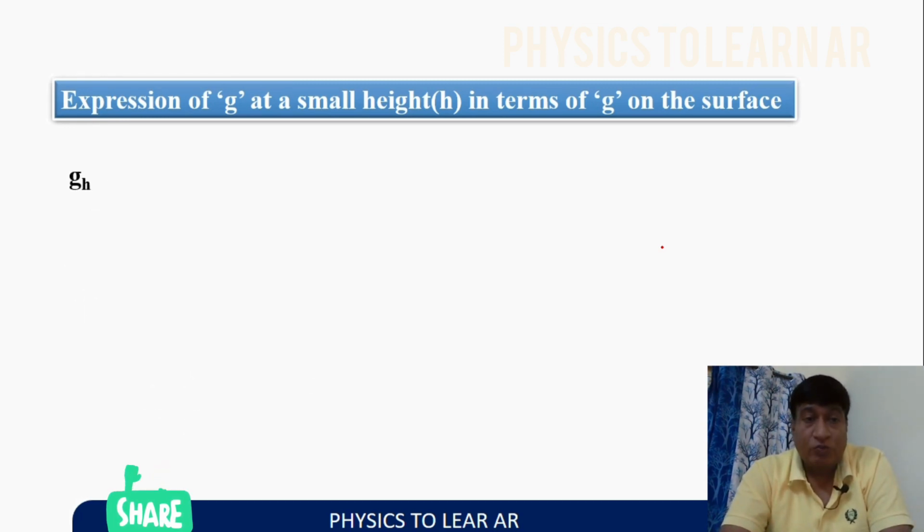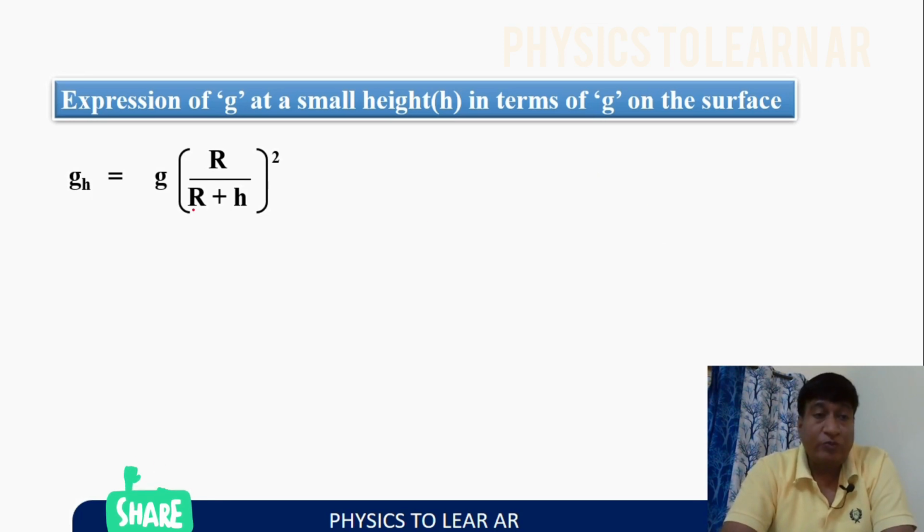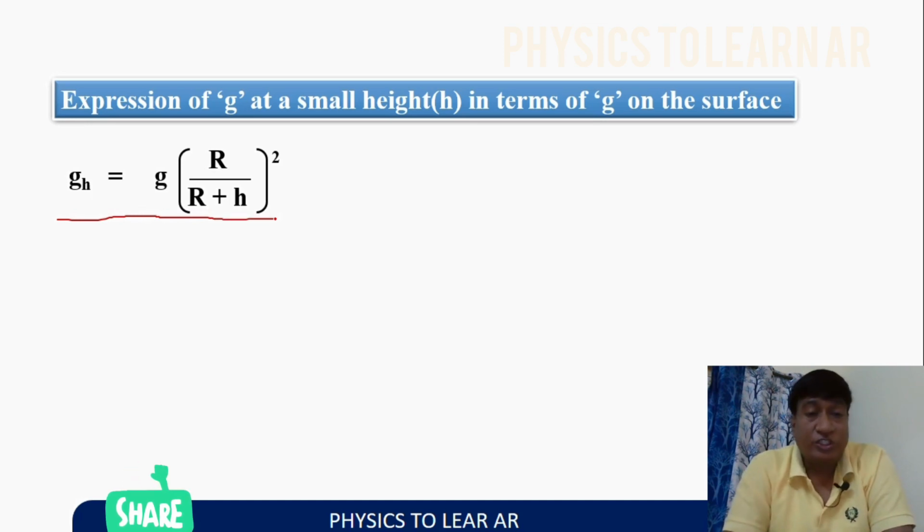With this, we can conclude that, since we have proved the g value and the g_h value, we can give a relation between them: g_h is equal to g into R by (R plus h) whole square.